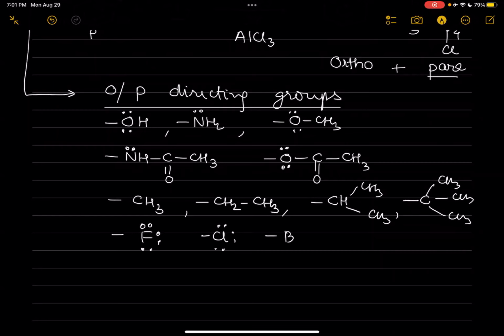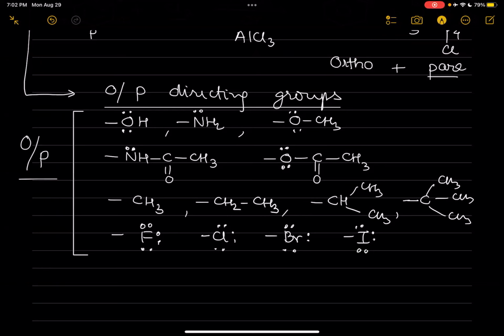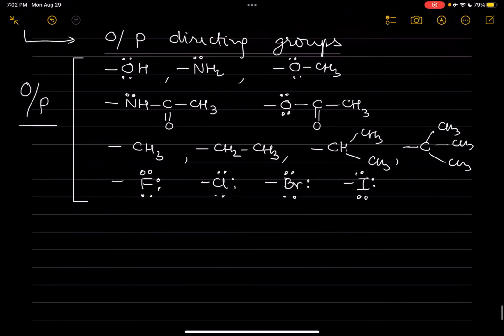You can note it down. This will be useful for you in all the chapters. These are ortho para directing groups. Meta directing groups are electron withdrawing groups.